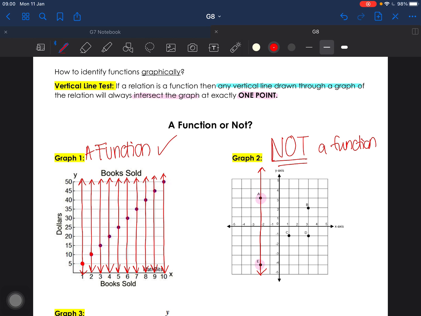And again, we're going through the graph, so it passes nothing here, here. So this is all right, right? None of these. Okay, this one touches the graph at one point, nothing here. Here, again, this touches the vertical line twice. So we have two things that prove that this is not a function.